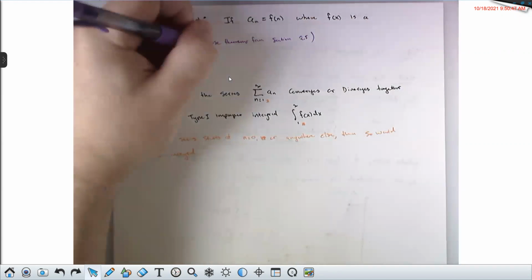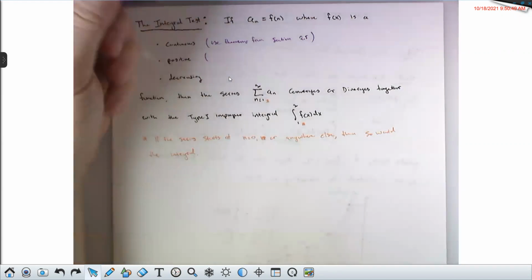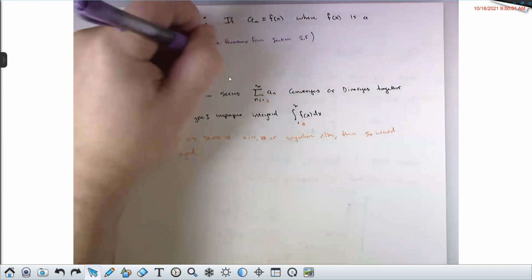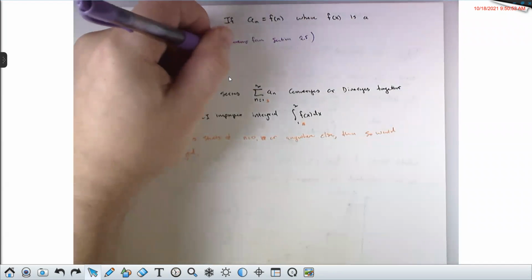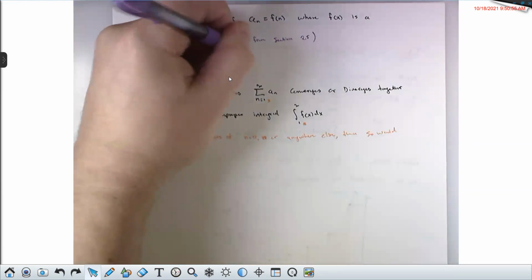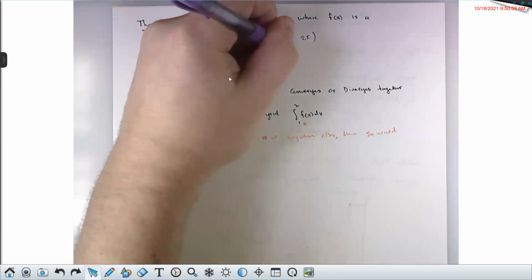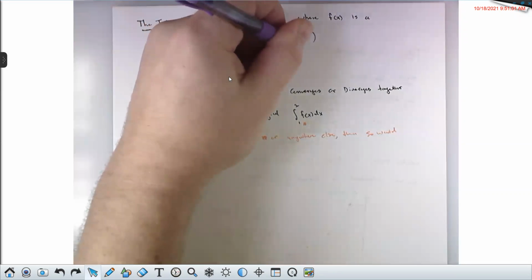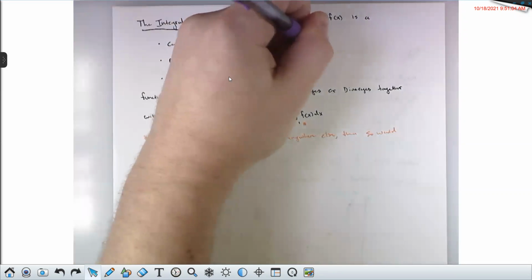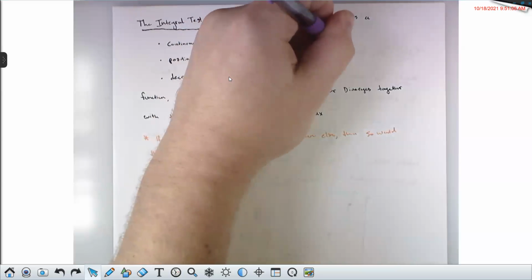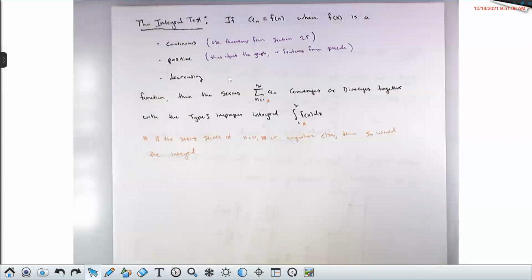Positivity. This is usually pretty easy. Think about the graph, or features from pre-calc. Like e to the x is always positive, right?